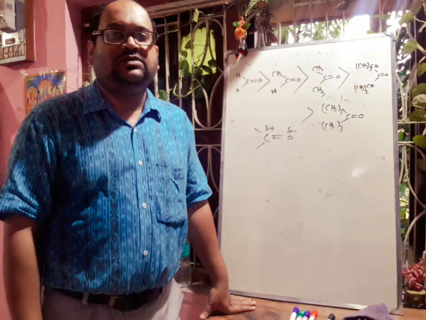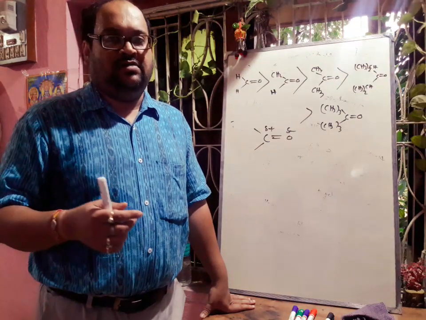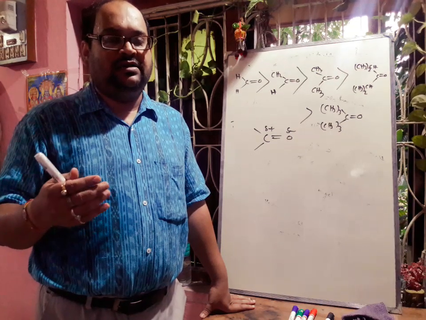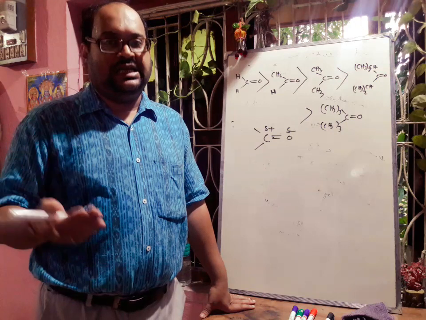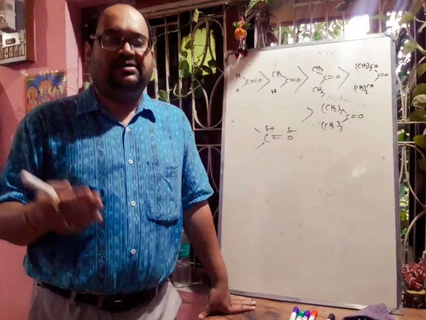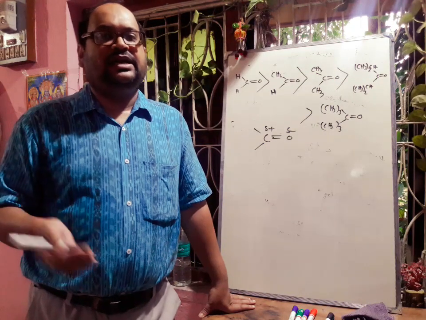But in aldehydes only one alkyl group neutralizes the positive charge. Hydrogen cannot do this the same way, because an alkyl group has a higher plus I effect compared to hydrogen. So aldehydes are more reactive than ketones.